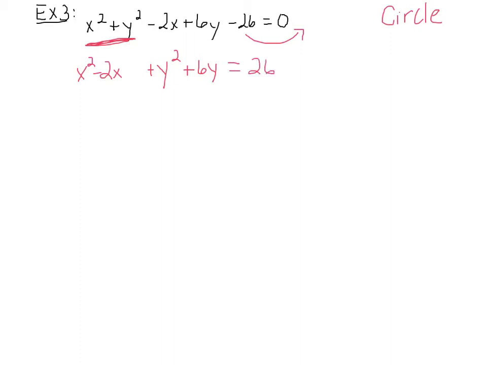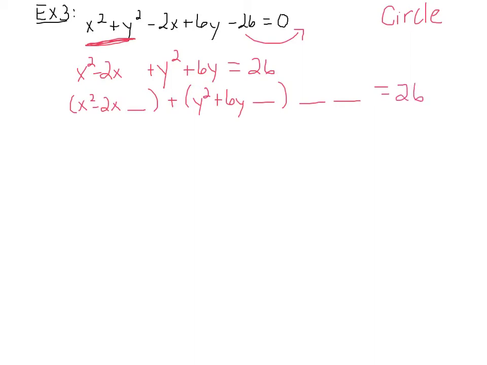So let's group everything together to complete the square. So we have x squared minus 2x, space, plus y squared plus 6y, space. We're going to have 2 spaces added onto the end, and that's equal to 26.